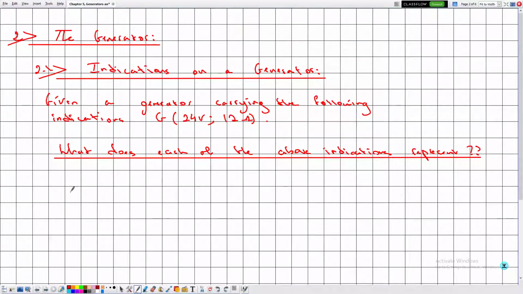So let's start with 24 volts. These are the indications of a generator and not of a receiver.